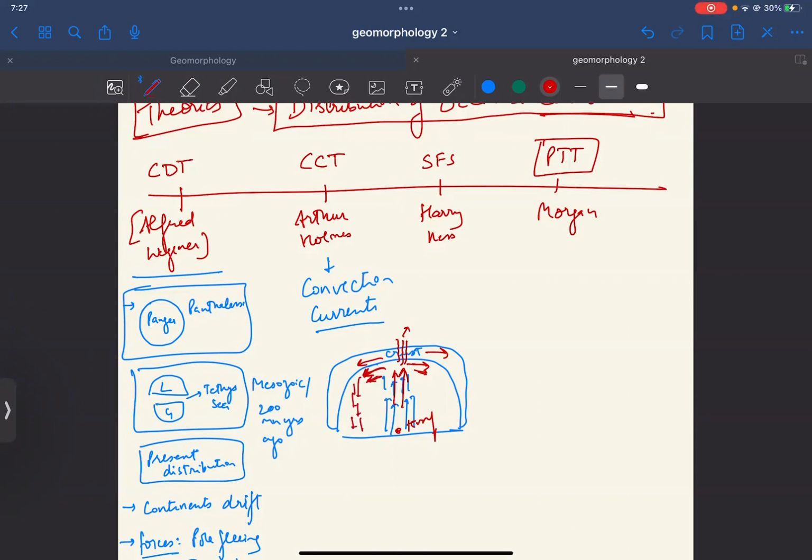As they subside, they will drag along with themselves part of the crust also. So the point where magma is rising leads to divergence of crust, and the point where magma is falling down leads to convergence. It looks like this.